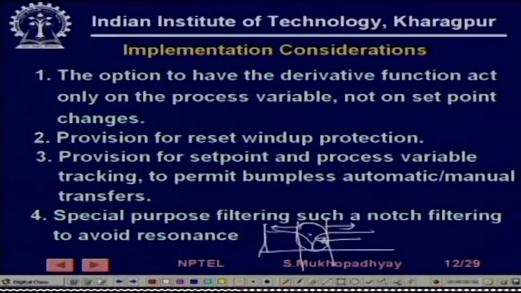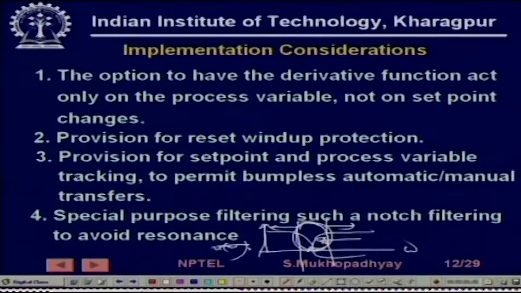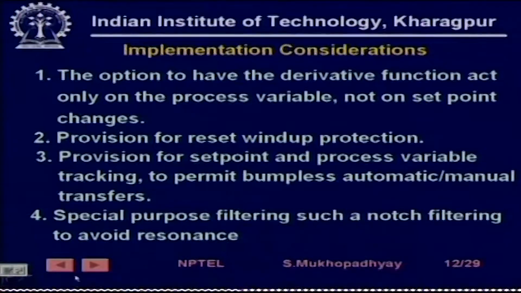If you have your resonant frequency in this range, this is omega, and this is the gain of the notch filter, G(j omega). In this range the notch filter will not allow any inputs to come. Such things need to be done.